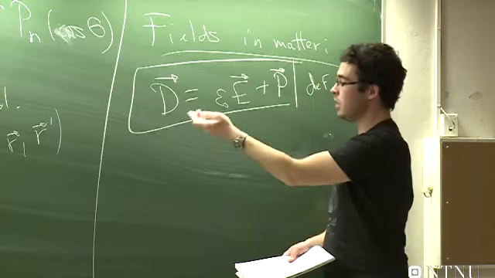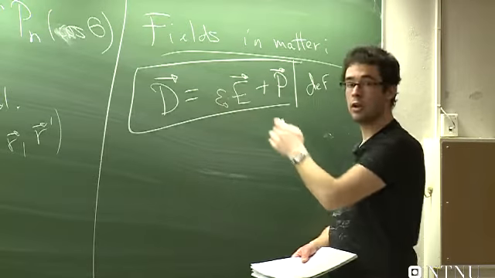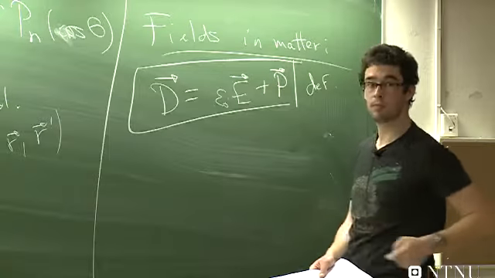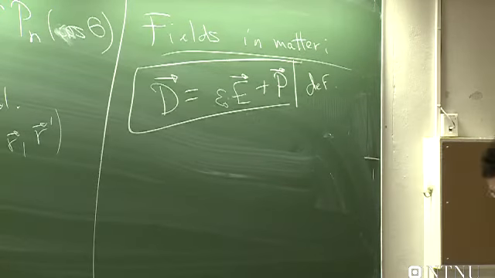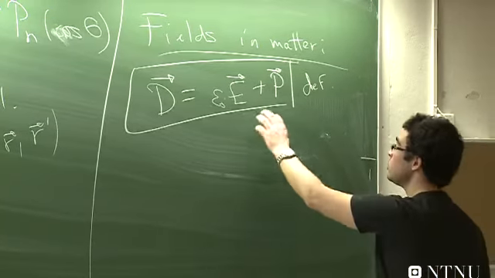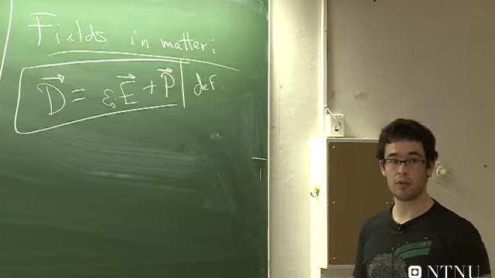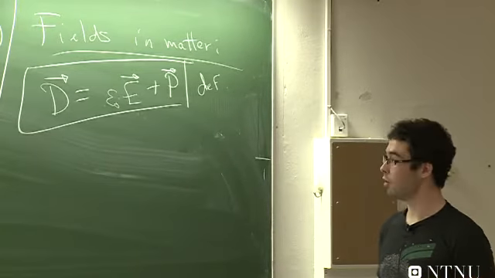It's not that D is equal to some epsilon r epsilon naught E or something like that. This is the definition. Okay? And for some special cases, we could derive the explicit constitutive relation.